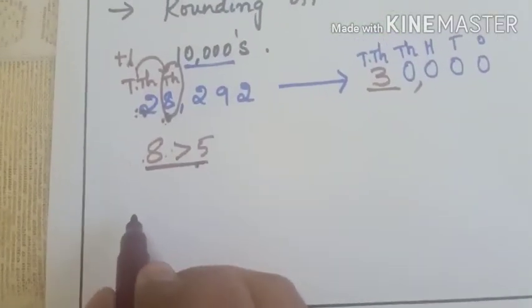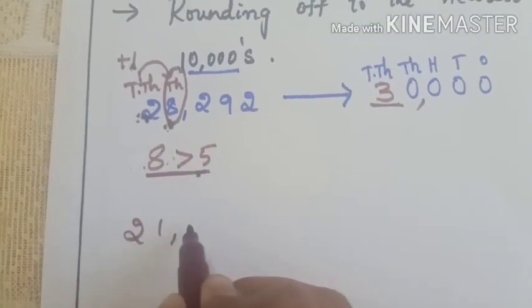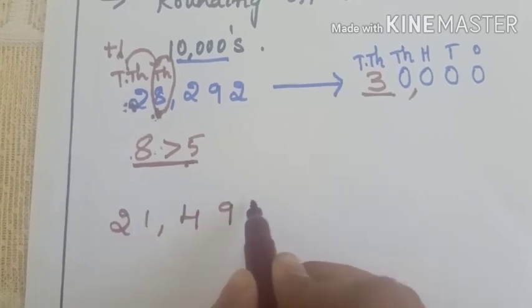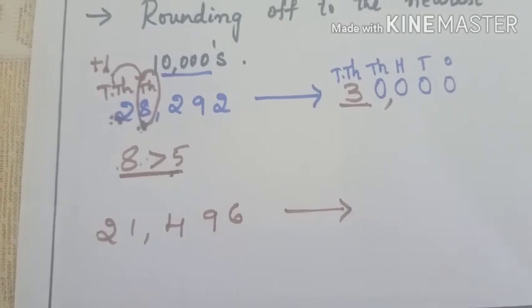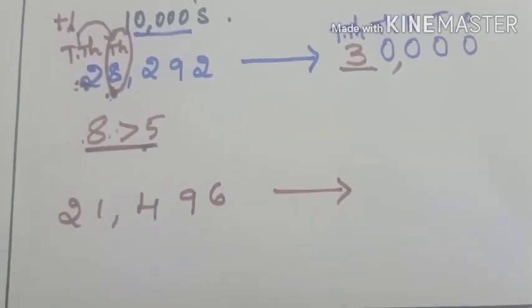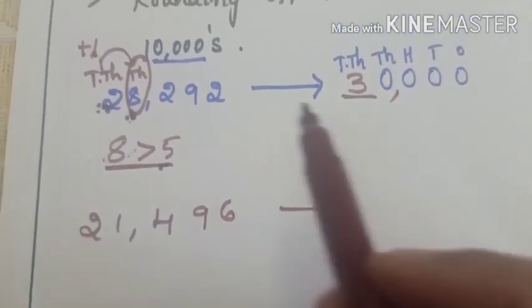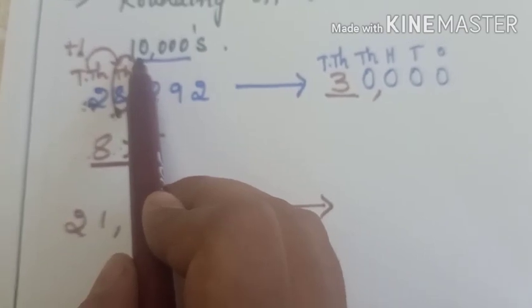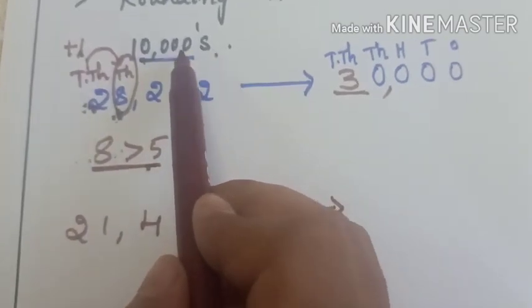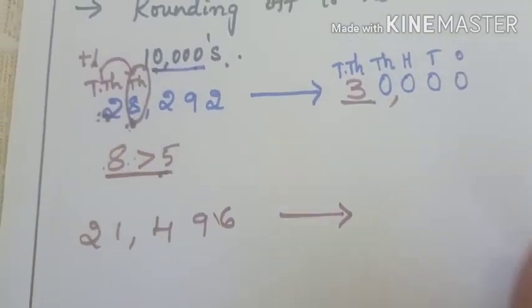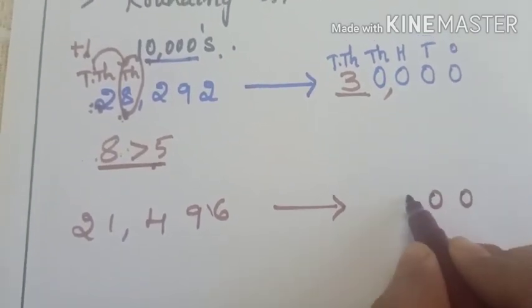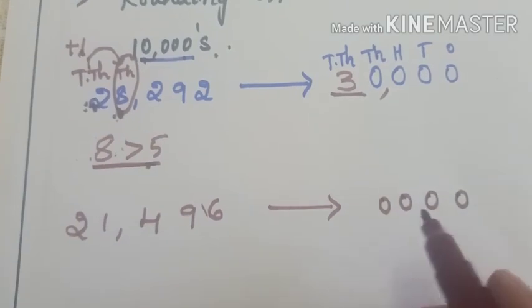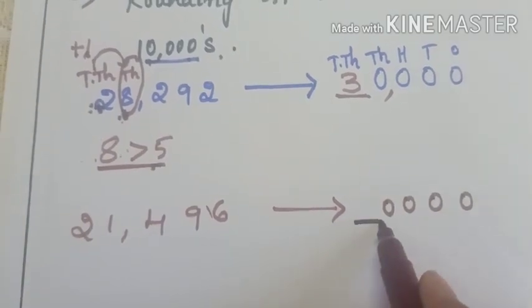In the same way, round off the next number, that is 21,496. Write down 21,496. Here also we have to apply the same rule. First, since we are rounding off to the 10,000s place, 10,000 has 4 zeros. Write down 4 zeros first. Now we have to write the 10,000s place.